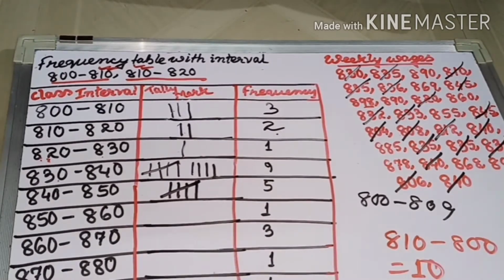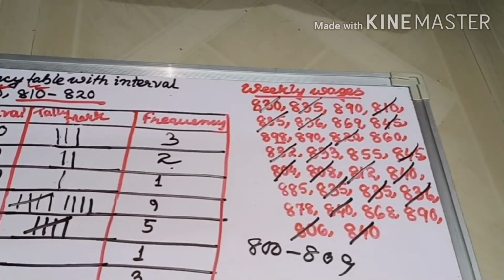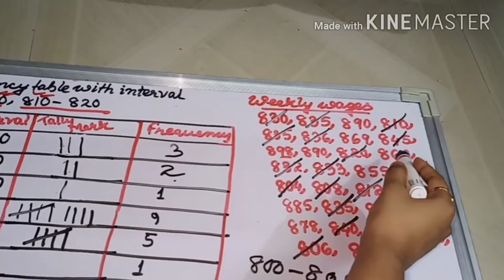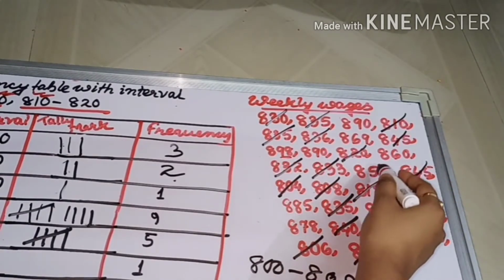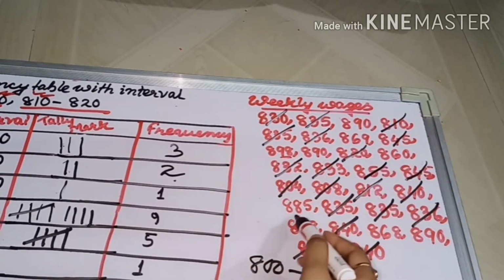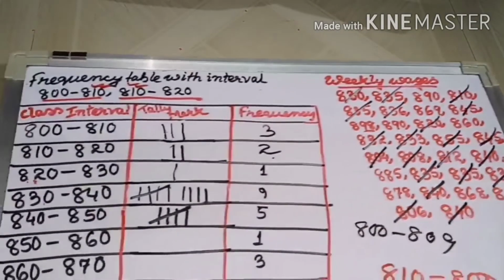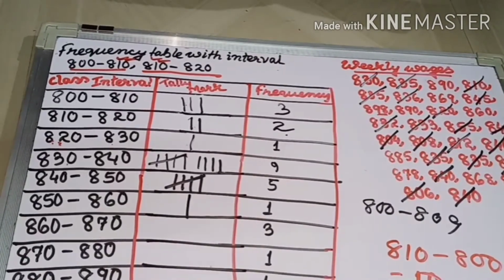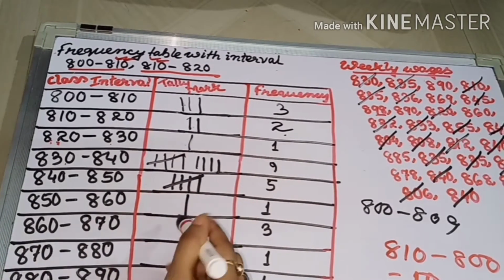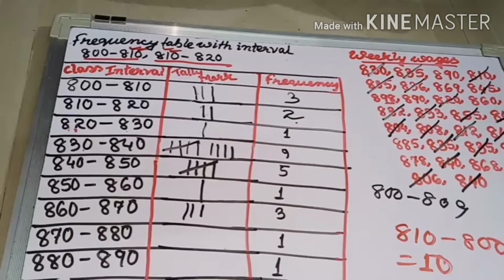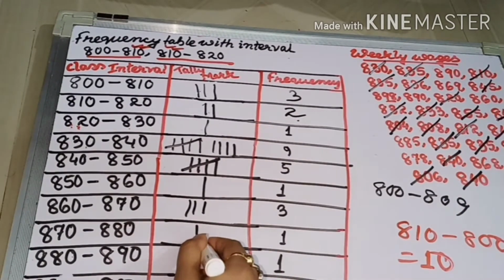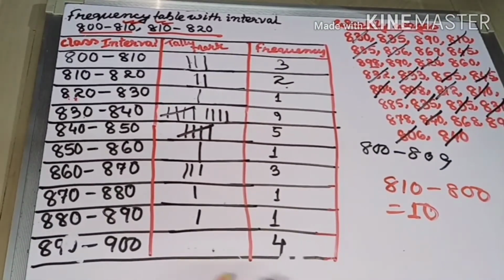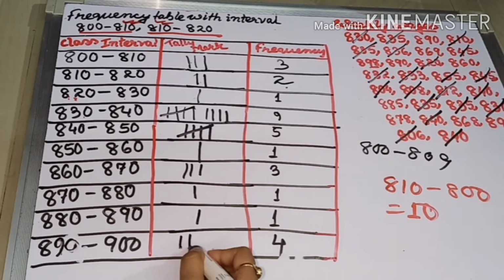Next 850 to 860, it will be only 1, so it will be 1. Next 860 to 870, it will be 3, so 1 2 3. 870 to 880, again 1. 880 to 890, again 1, and 890 to 900, it is 1 2 3 4.